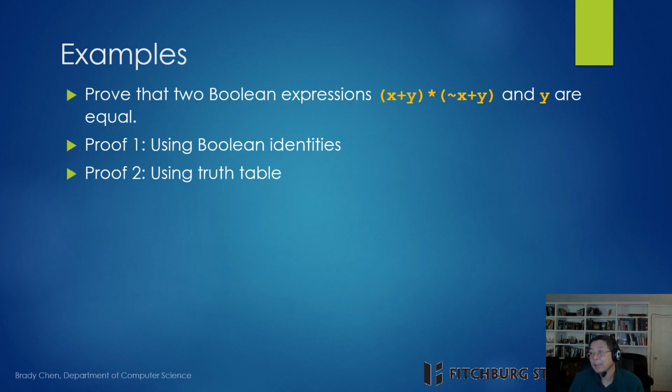Okay, here's another example. Let's try to prove two Boolean expressions. The first one is this: (x + y), which is x OR y, and then (~x + y), and then you have an AND operation to combine these two.